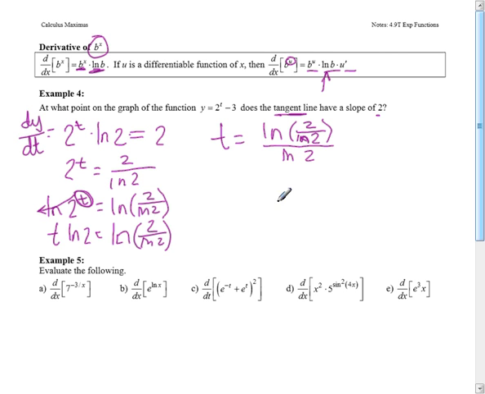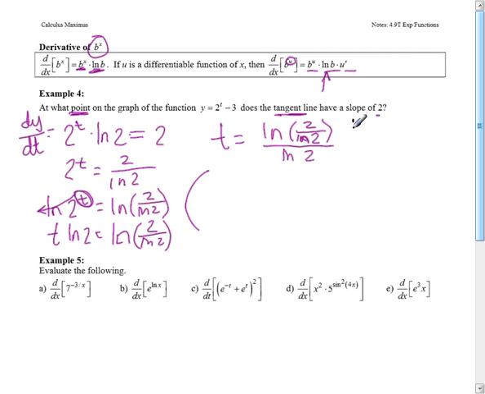Alright, if you wanted, you could get a decimal for that if you wanted an approximation of the point. But we were asking at what point? So we have to write that as a point. Alright, and we could rewrite this in a couple different ways. You're going to notice that with exponential functions, you could write it in lots of different ways.